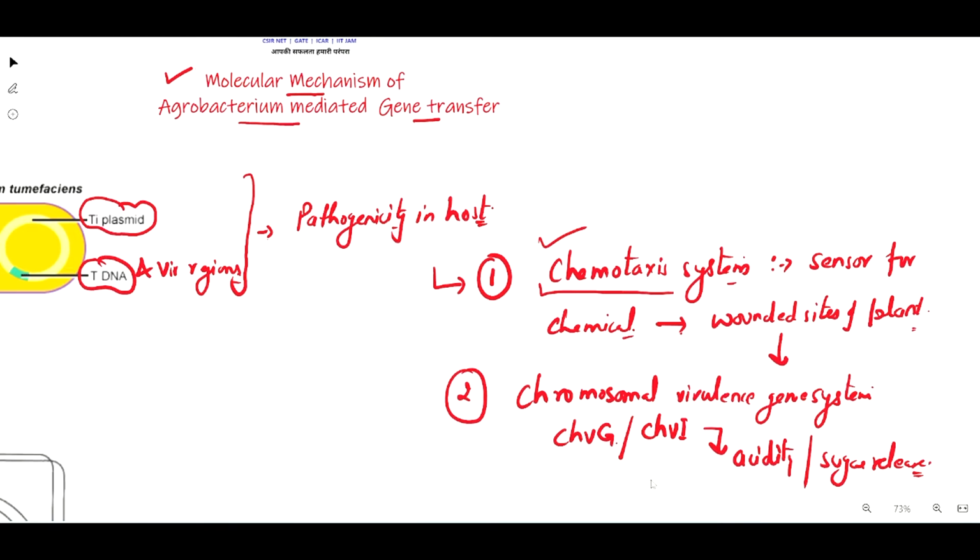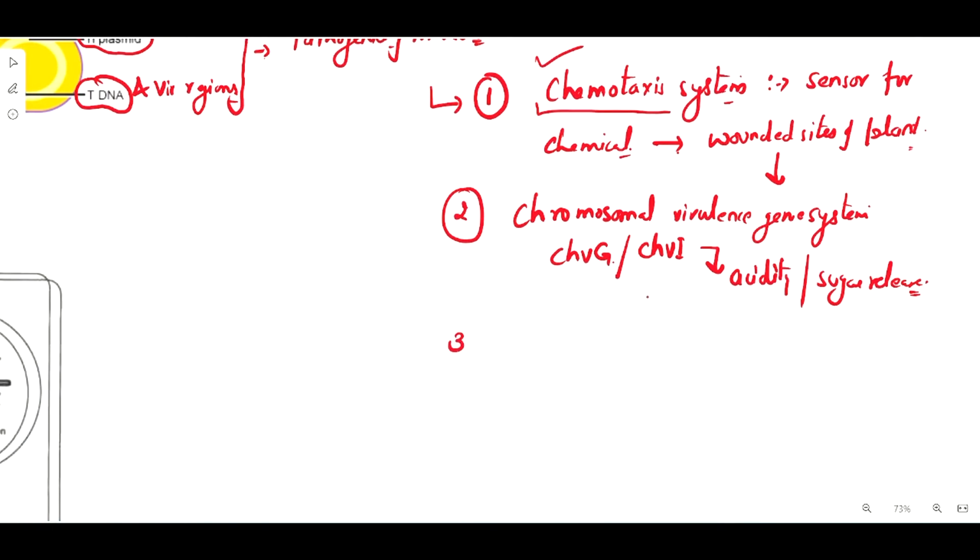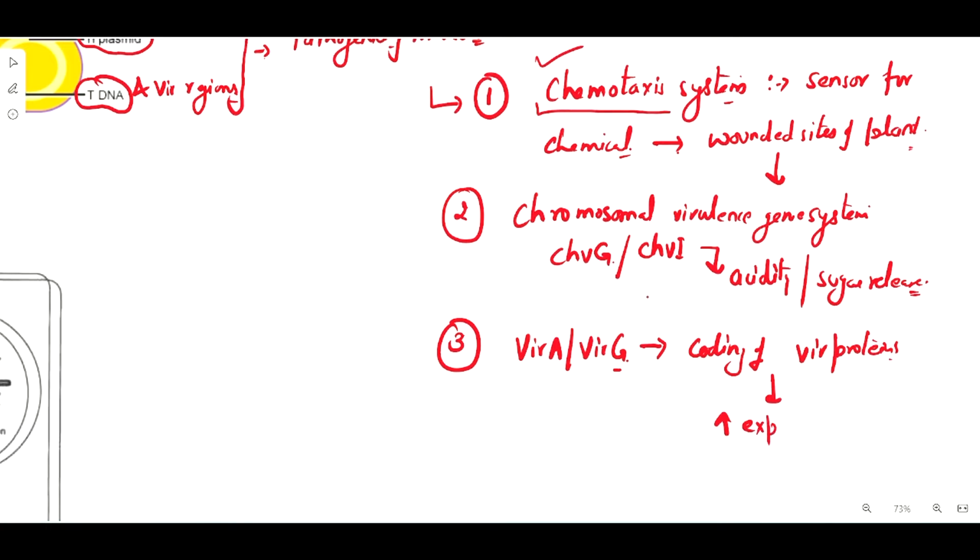And they lead to the activation of another system, which is the VirA and VirG system. VirA and VirG are key players during pathogenicity because they promote the coding of Vir proteins, which leads to the high expression of Vir genes in the Agrobacterium.